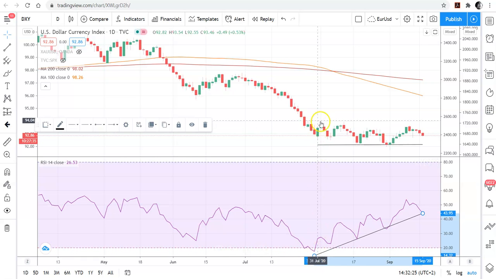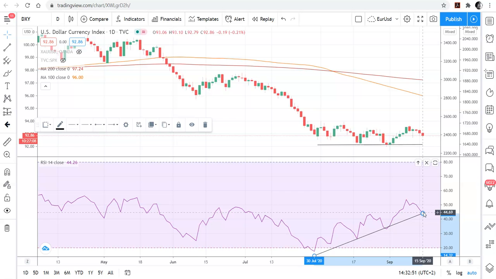And all the while, from the start of this divergence in July, the dollar was actually coming down, and now we've broken through that. It's picked up, so now the RSI indicator and price, from the 2nd of September, in the last week or 2 weeks almost, have harmonized. So price and RSI have harmonized.